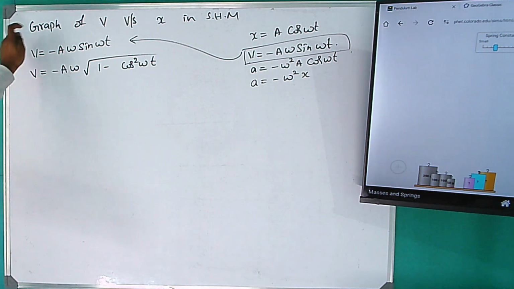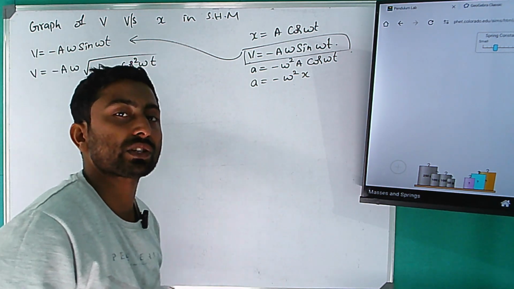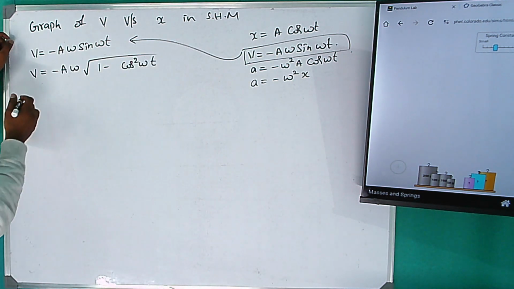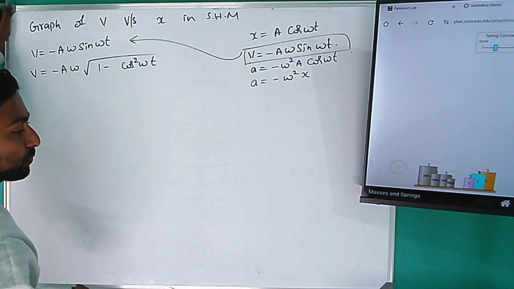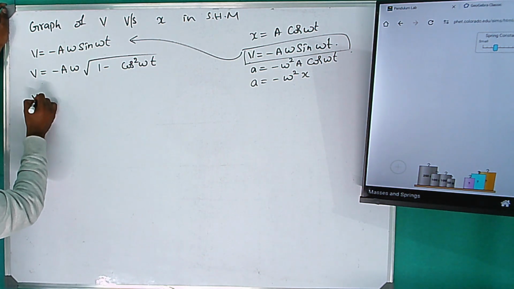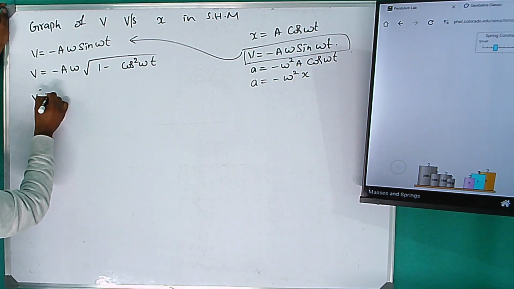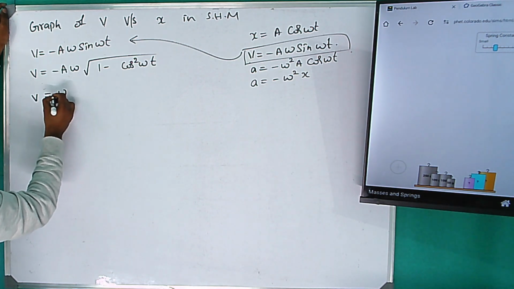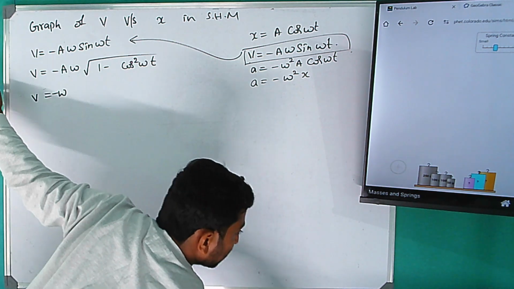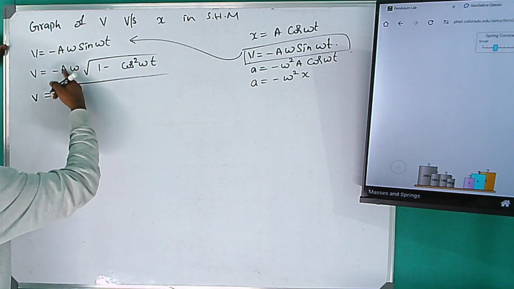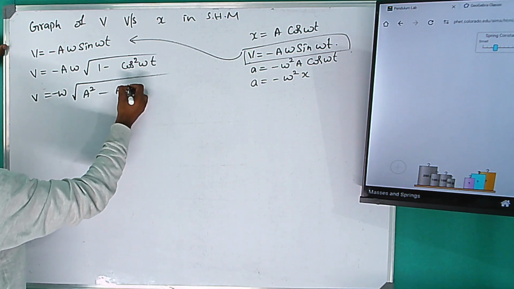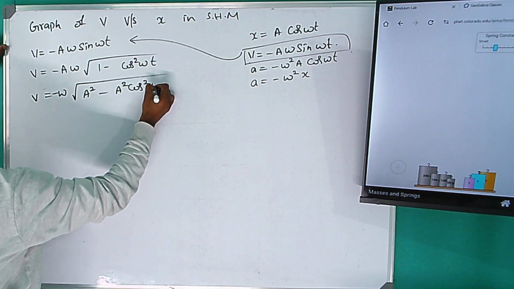How? Using the trigonometric identity, sin square theta plus cos square theta is 1, sin omega t can be written as square root of 1 minus cos square omega t. I will send a inside the root and retain the minus sign here. Taking a inside the square root gives a square, so we get a square minus a square cos square omega t.